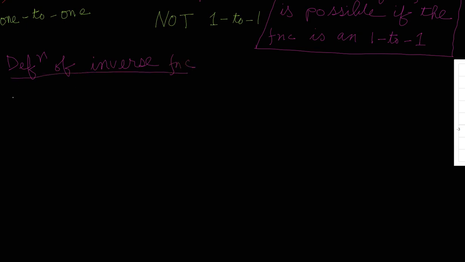First of all, let's say I have a given function y equals f of x, and remember this function of x must be a one-to-one function. So this is given.